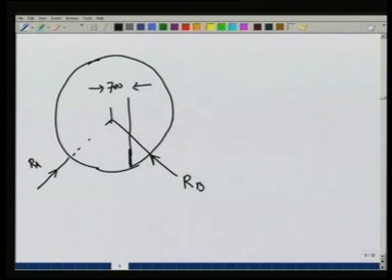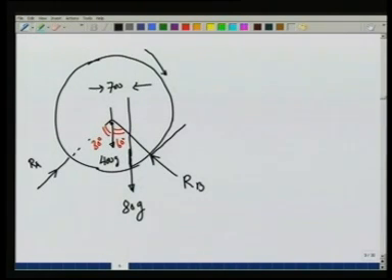There will be a force of 80 G acting this way, and there is a force of 400 G acting this way. The angles are given to be 30 degrees and 60 degrees here. In addition, since the drum has a tendency to rotate like this, there will be a frictional force, let us call it F, at roller B, which is capable of applying a frictional force.